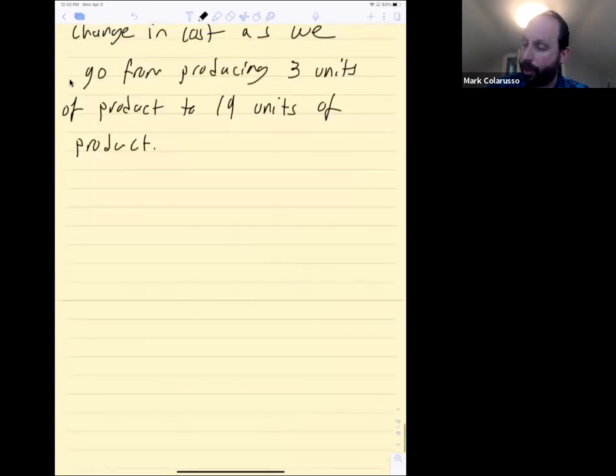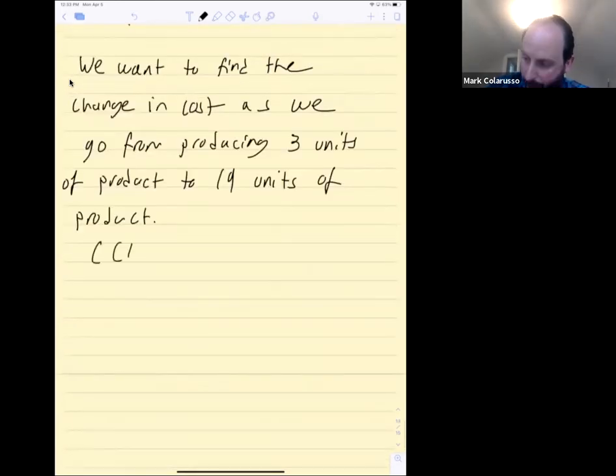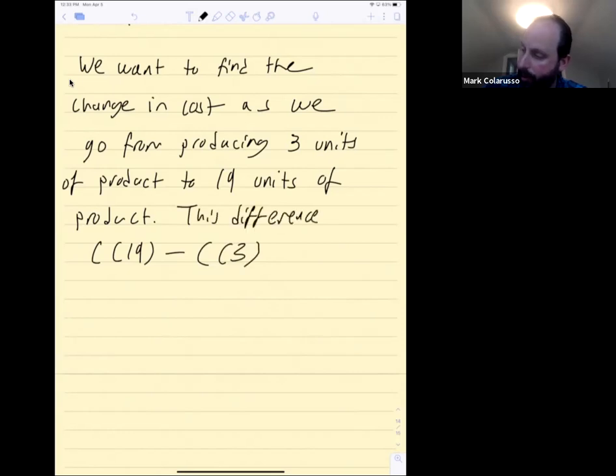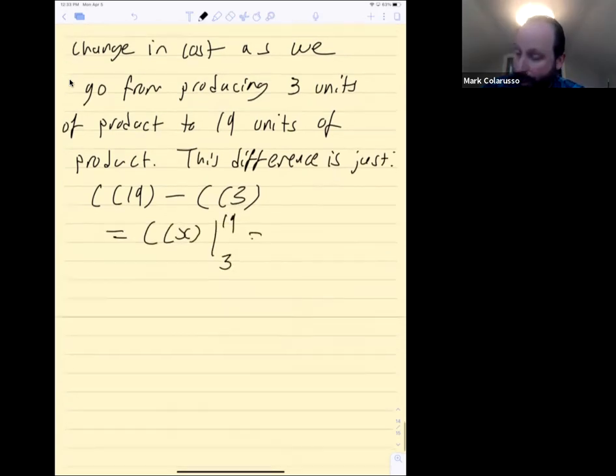Well, what is that difference in cost? That's the cost of producing 19 things minus the cost of producing 3 things, right? So this difference is the cost of producing 19 items minus the cost of producing 3 items, which we abbreviate in this wonderful bar notation, C evaluated from 3 to 19, which we recognize as a definite integral from 3 to 19 of the marginal cost, right?